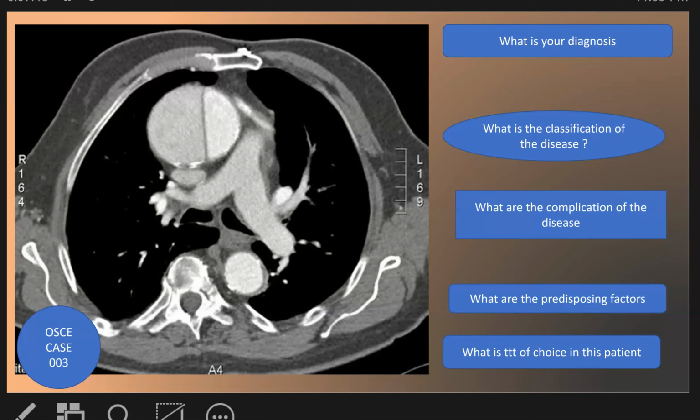And DeBakey type 3 involves the descending aorta distal to the subclavian, and this is also called Stanford type B. Stanford type A covers DeBakey type 1 and DeBakey type 2, as we mentioned.